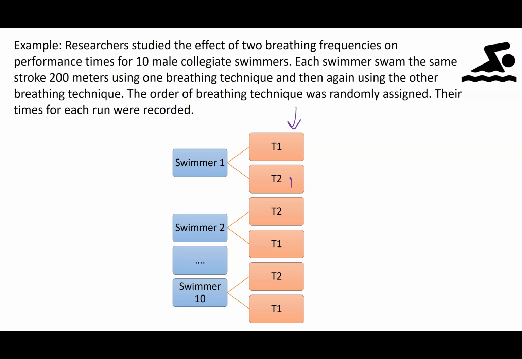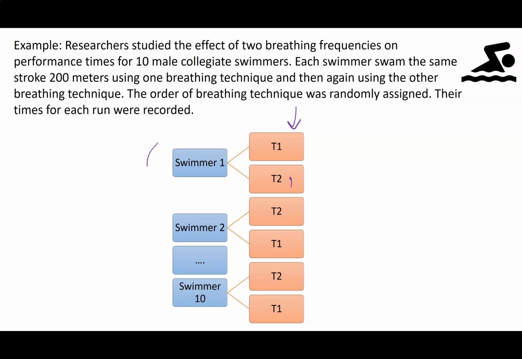They have each swimmer swim the same stroke for 200 meters using 1 breathing technique, give them a reasonable rest, and then have them use the other technique, and they time them both times.